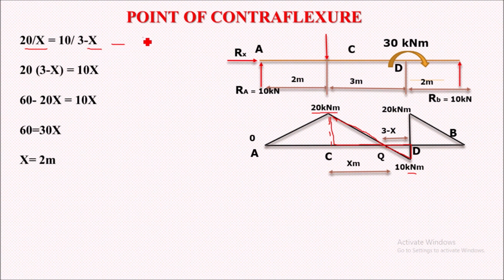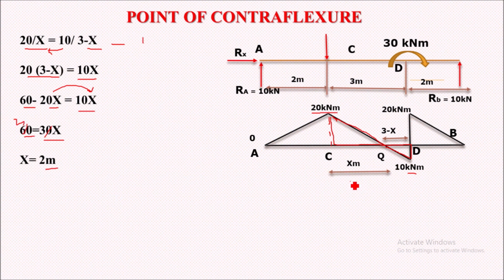On solving this, 20 into 3 minus x equals 10 into x. So 20 into 3 is 60 minus 20x is equal to 10x. So 20x will go to this side and become 30x after adding. So 30x equals 60, so x equals 2 meter.